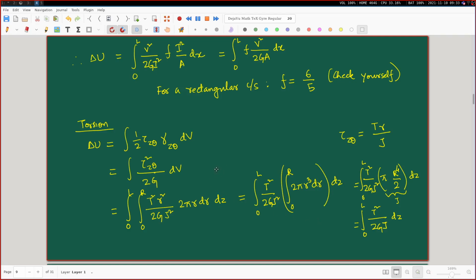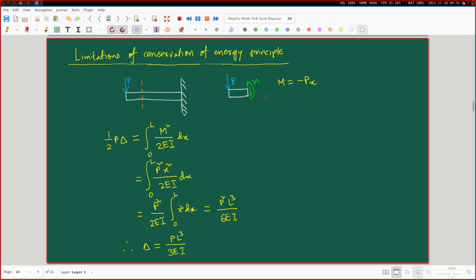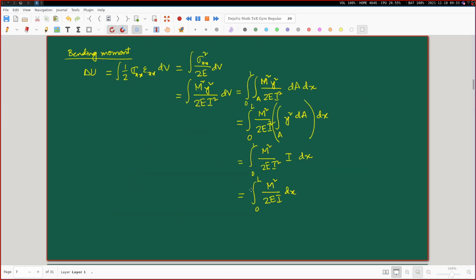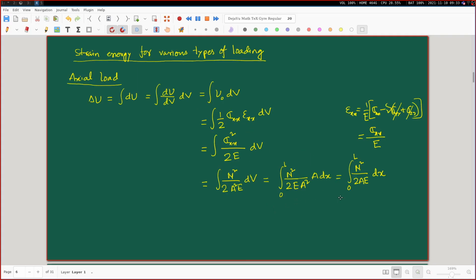Then for shear, I had this expression, 0 to L f V square by twice G A dx, where this factor f was appearing in such a fashion that it took care of the nature of the cross section. This was for shear. Then for the bending moment, by this time you are very familiar with this, and the axial load, the strain energy associated with this is N square by twice AE dx.